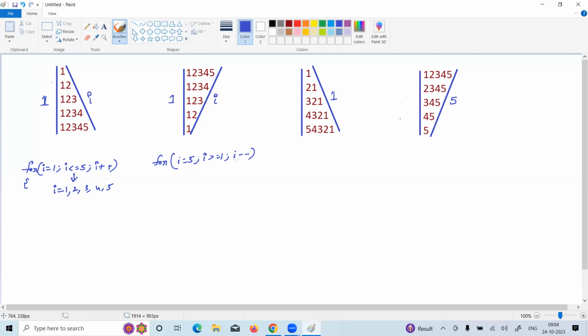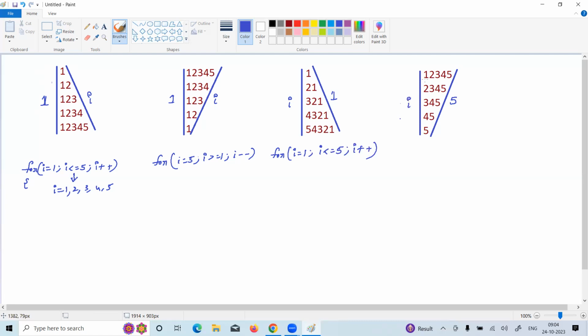You need to understand greater than and less than, positive and negative, increasing order and decreasing order. Look at this. This is I because 1, 2, 3, 4, 5, different values starting with. So for I equals to 1, I less than or equals to 5, I plus plus.